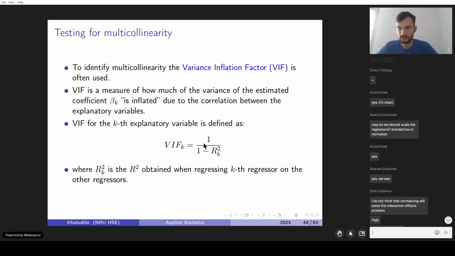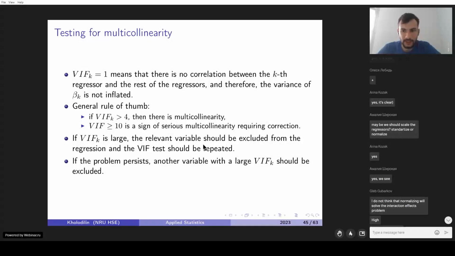I guess it's clear. Okay, and then if you have VIF equal to 1, it's okay. There is no correlation between this regressor and other regressors, and you can for sure leave the regressor in the analysis.